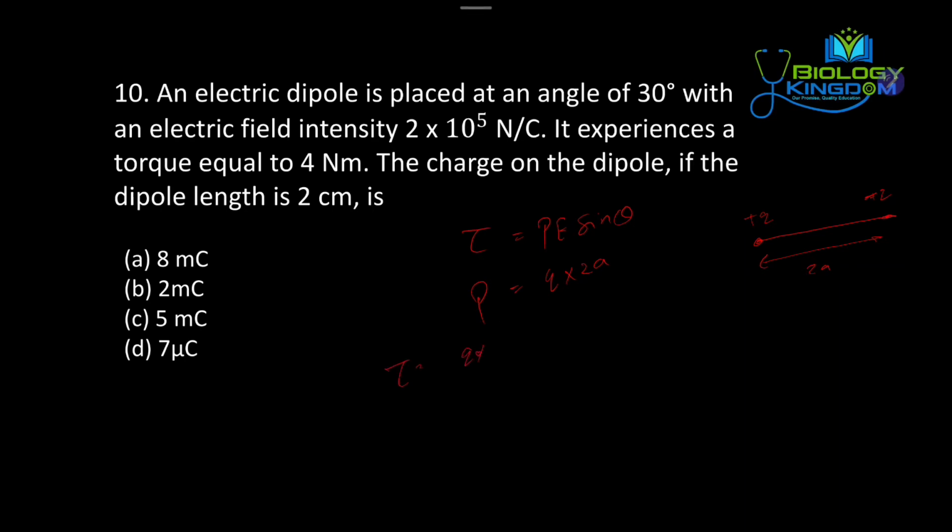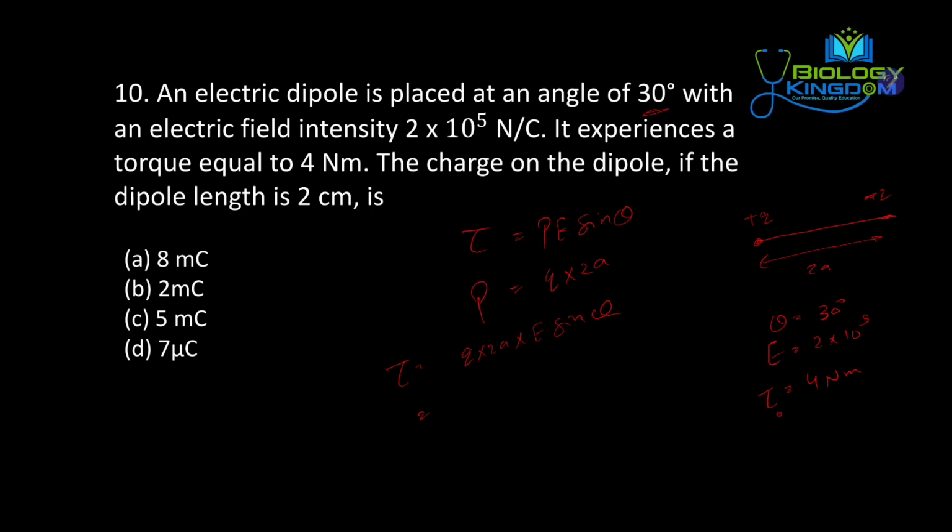So if we put the values here, it becomes q into 2a into E sine theta. We have been given the value of theta here. The theta is 30 degrees, the electric field intensity is also given, 2 into 10 raised to power 5, and the torque value is also given, 4 Nm.